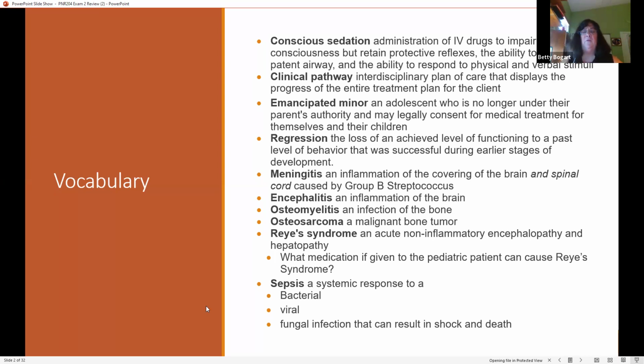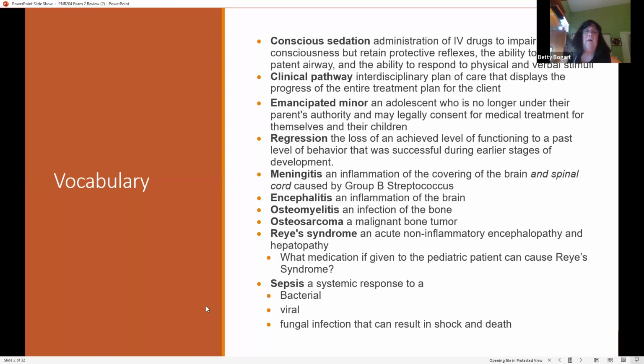Now, a clinical pathway is a type of plan that we make for your whole care, your whole entire treatment. As in, if you have a certain condition, there's a certain set of orders that you're going to give, these meds, do this, do that, and what treatments you're going to give. It's the pathway that we follow. And that's as simple as that.